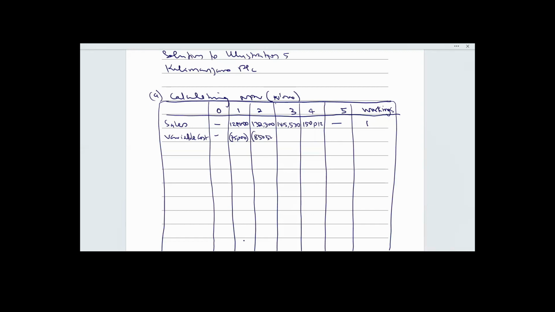Year 3? 96,250. Year 4? 102,060. All right, then working number 2.